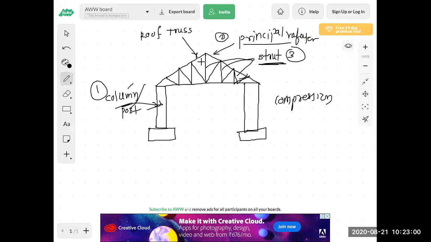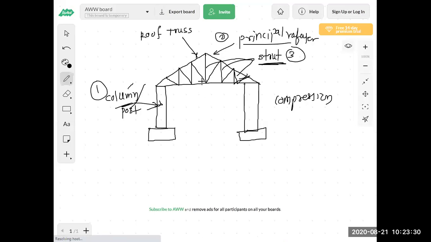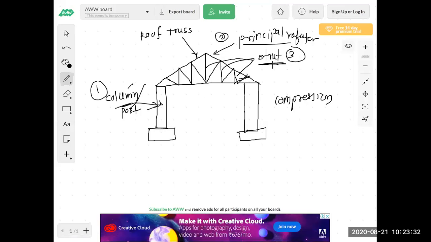This is the floor, one of the floors. The roof truss is nothing but one of the floors, so the column is supporting this floor. Are you getting? And the strut member and principal rafter are also compression members, but they are in this truss. The principal rafter and strut are members of the truss. So all the vertical members are nothing but the strut.